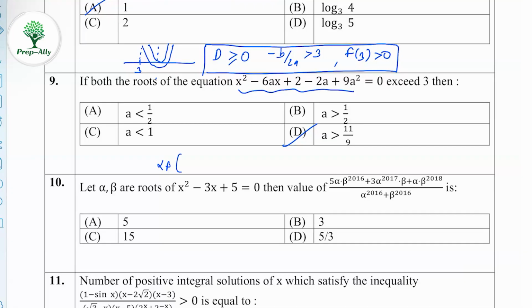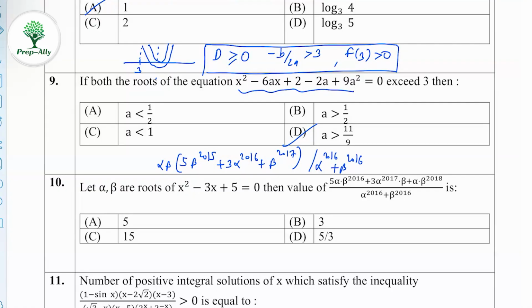If I take alpha beta common in the numerator, what will you get? 5 beta power 2015 plus 3 alpha power 2016 plus beta power 2017. In the denominator what we have? Alpha power 2016 plus beta power 2016.